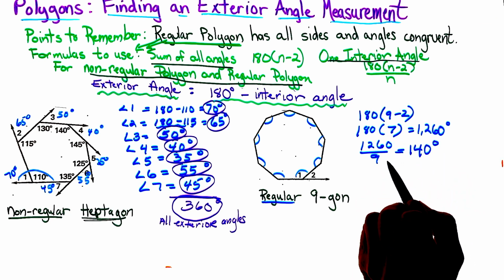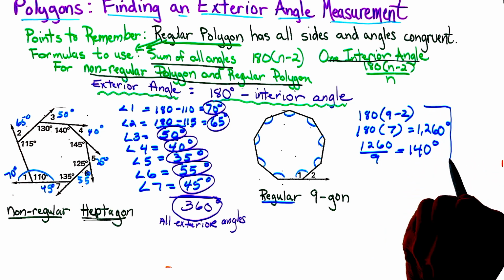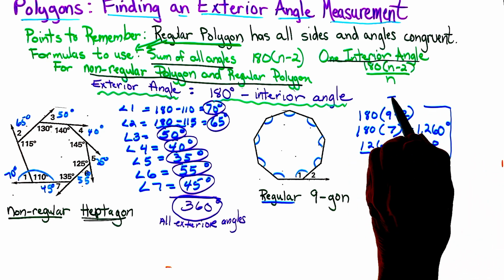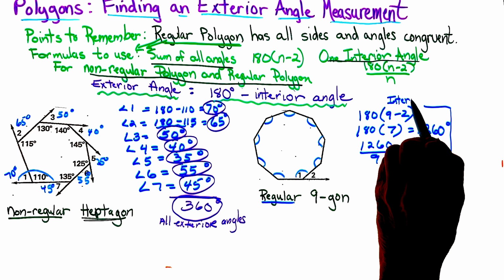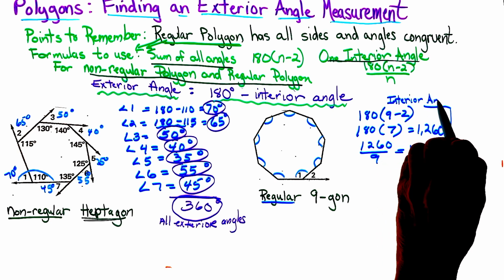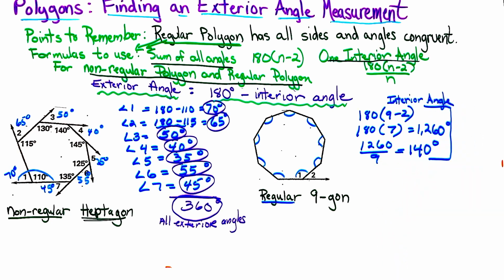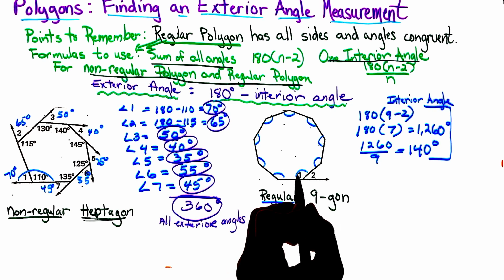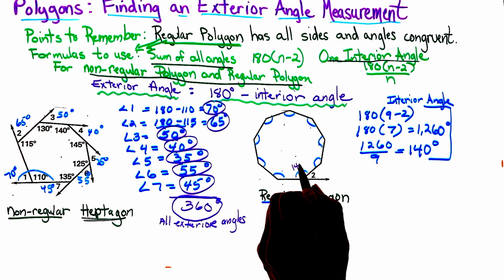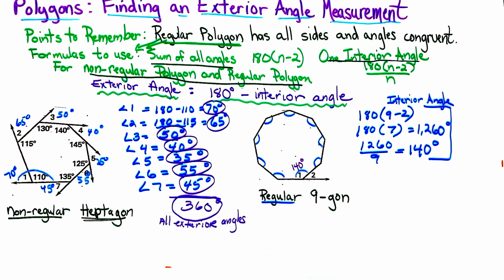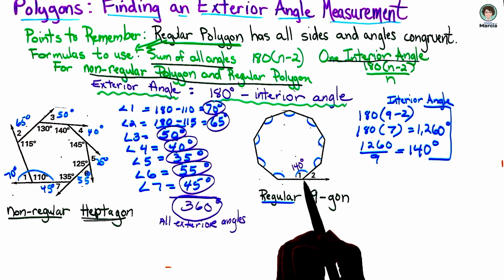And what did we find? All of this work, we were finding the interior angle measurement. So when I'm looking at my picture, I see that angle 1 is 140 degrees. And you're going to say, well, we were looking for the exterior angle measurement. Why do we have to go ahead and find the interior?